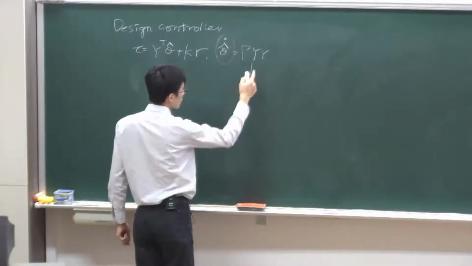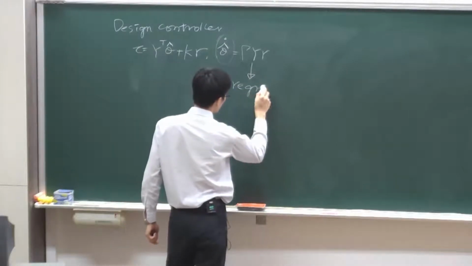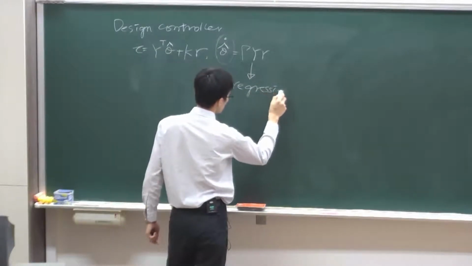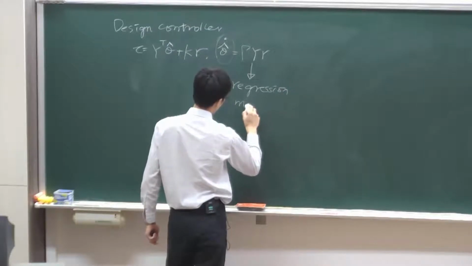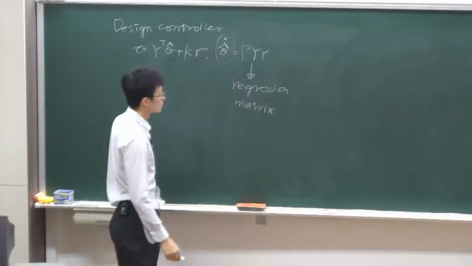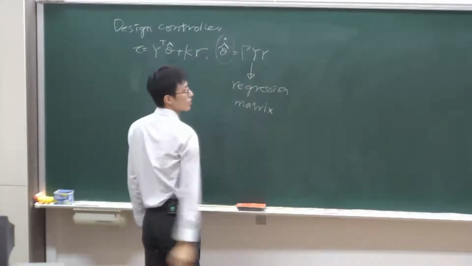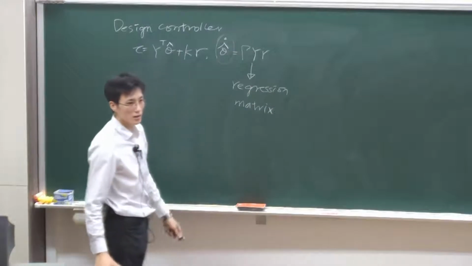We call Y the regression matrix, and this is the filtered tracking error.